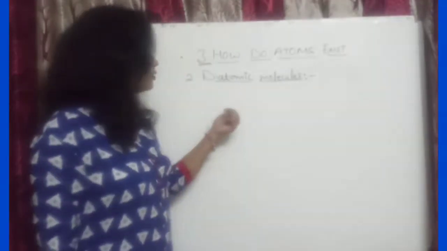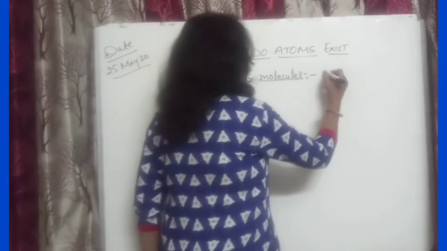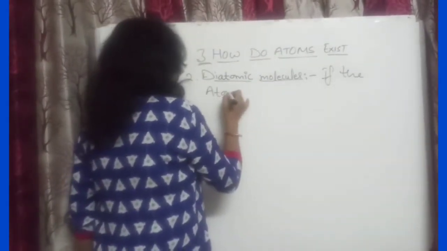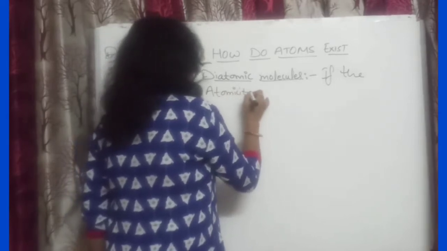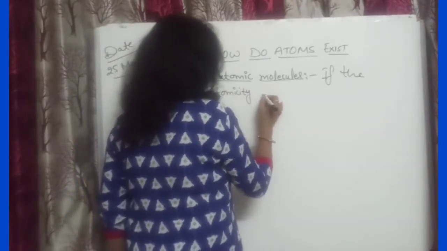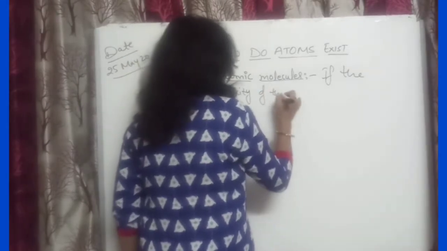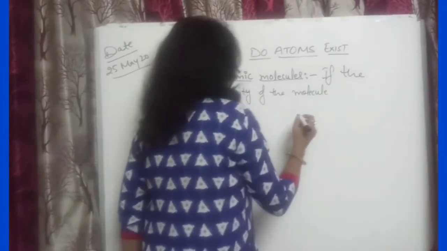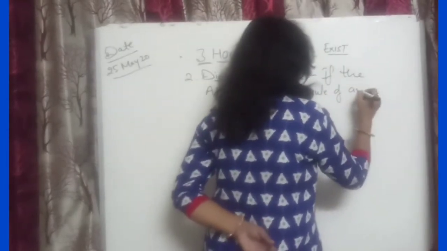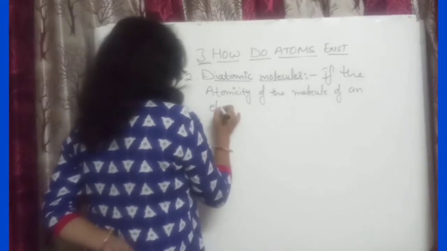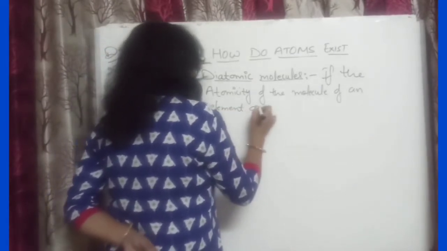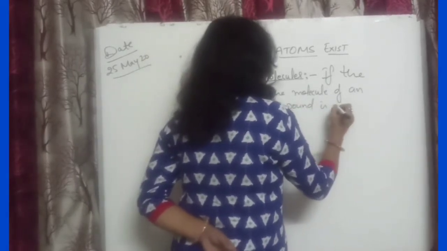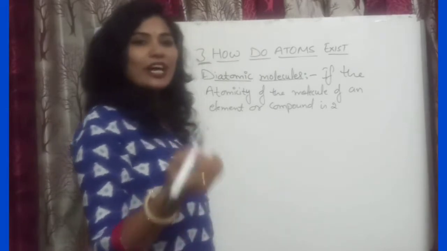The diatomic molecules: if the atomicity of the molecule of an element or compound is 2, then it is said to be a diatomic molecule.